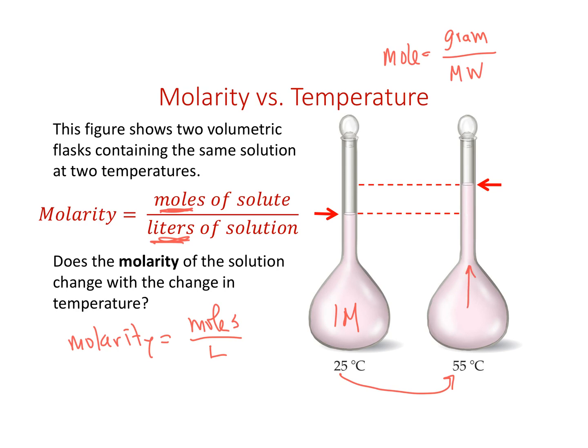Well, that means this 55-degree sample will have a different molarity. It'll actually have a lower molarity because my volume just increased. Because of that dependence on the volume and how volume can change over a range of temperatures, we need another way to calculate and look at concentration.